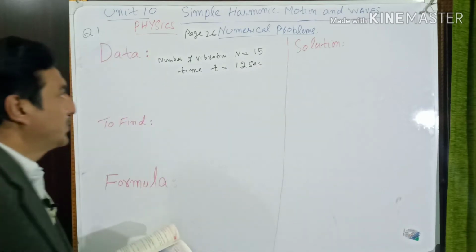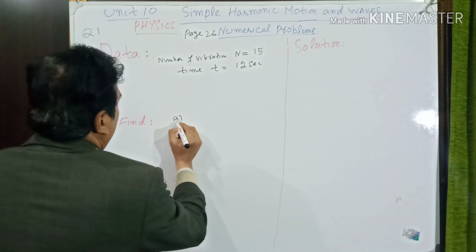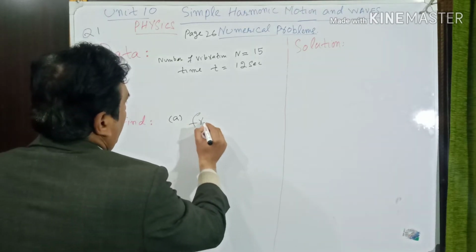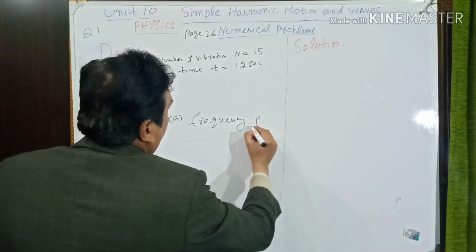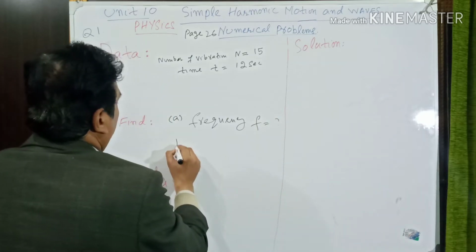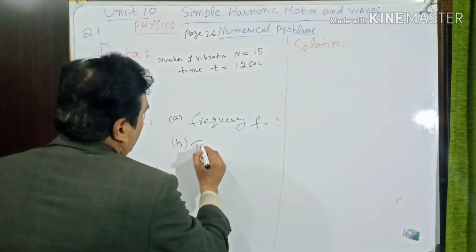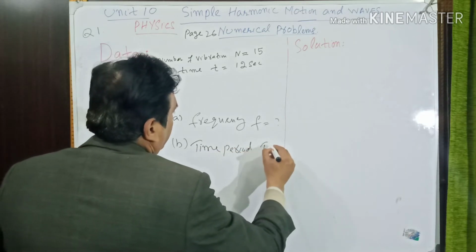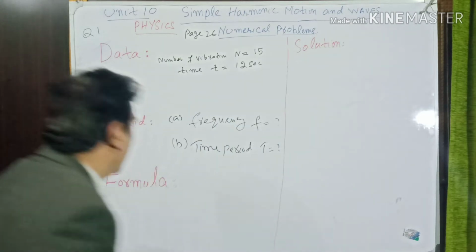ठीक है, टाइम जो है वो 12 सेकेंड. फाइंड क्या करना है? 2 पार्ट्स हैं. पहला पार्ट है फ्रीक्वेंसी F. Second part, the period of the vibration, time period T. So we start.